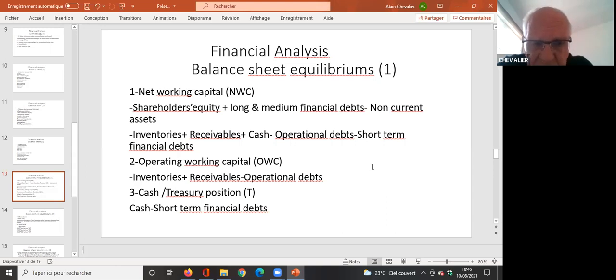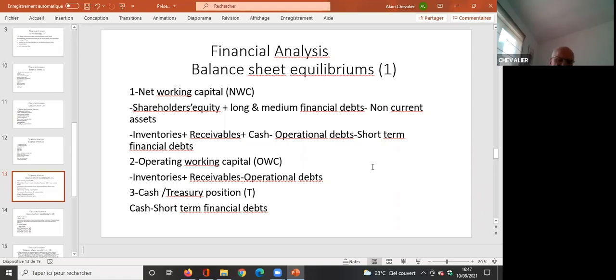It means a position of T here, which is cash minus short-term financial debts, which is very, very positive. So when you have an excess of T being positive, because mainly of the operating working capital, which is negative, the problem is what to do with the resources. What can you do?